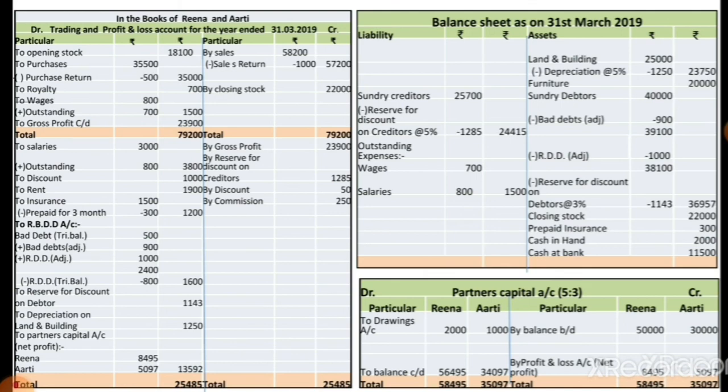How is it recorded? On the liability side we record it as partners' capital account: Reena 56,495, Aarti 34,097, and afterward we take the total of both and write it in the outer column. So the total is 90,592, which is the capital of the partnership firm. And along with this we take the total of the partners' capital account. So Reena's total is 58,495 and Aarti's capital account total is 35,097.